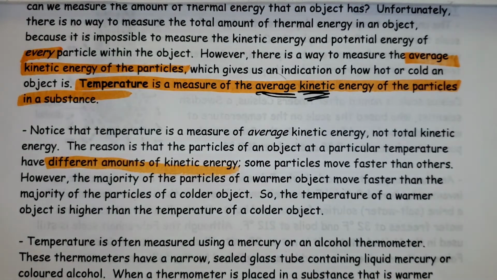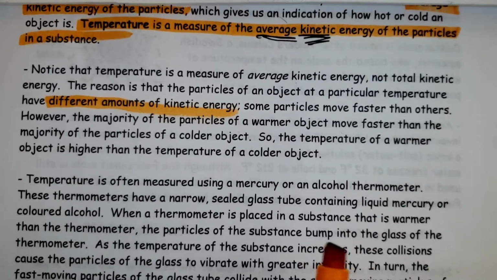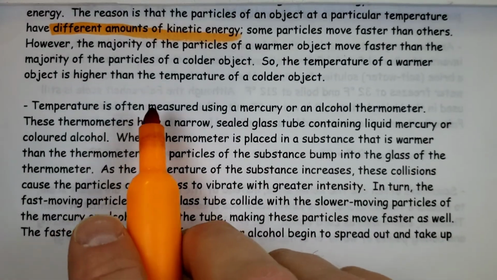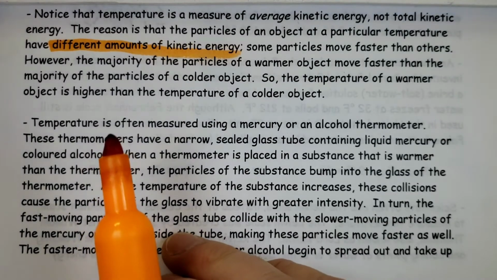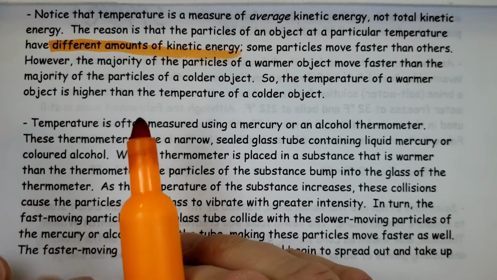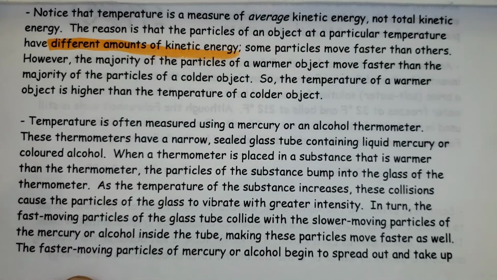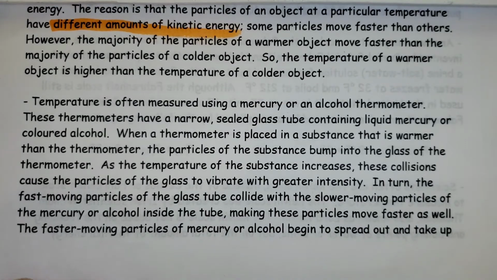However, the majority of the particles of a warmer object move faster than the majority of the colder object. So the temperature of a warmer object is higher. So you're measuring kind of on average what's happening. It's like saying the average test mark in a certain unit. Everyone has a different mark, but on average, is it a higher average than class A or lower than class B?